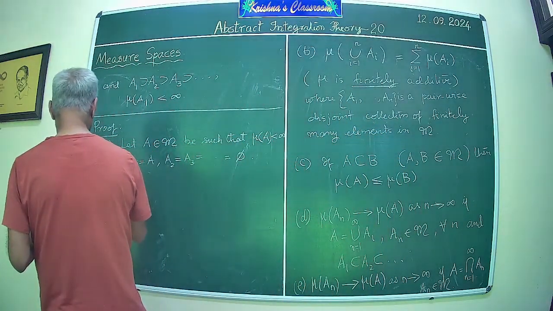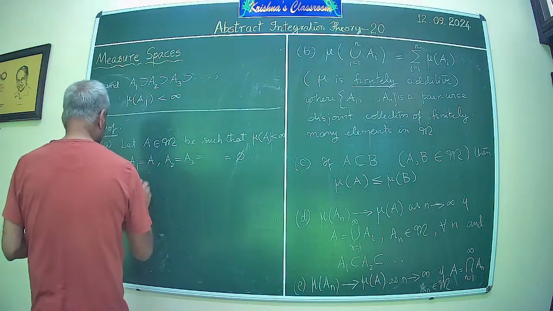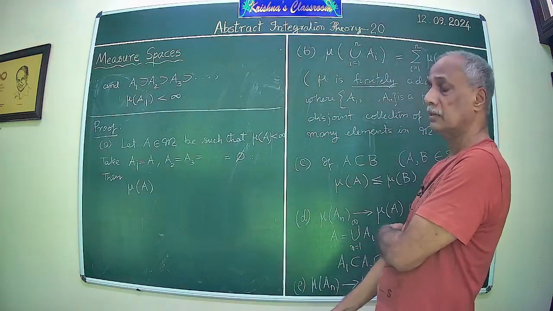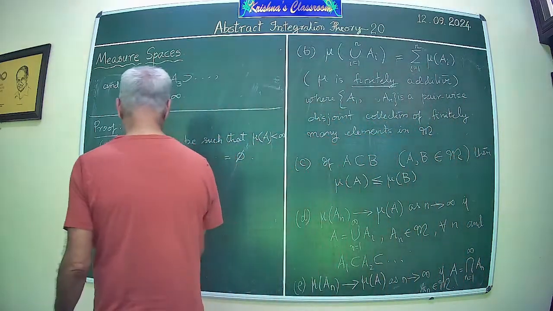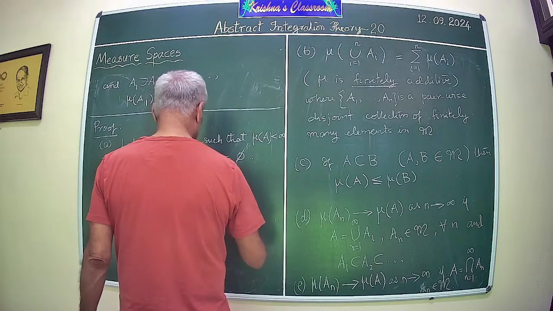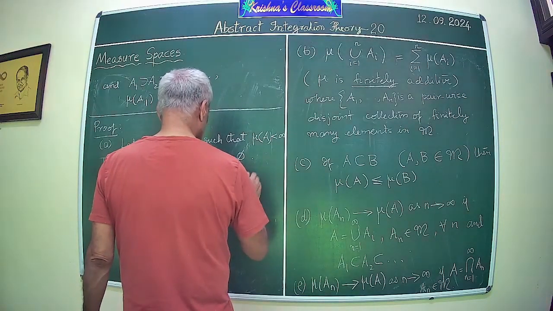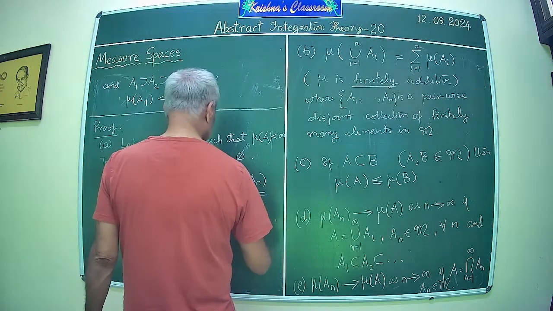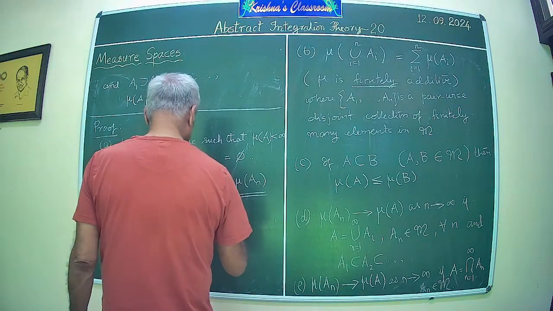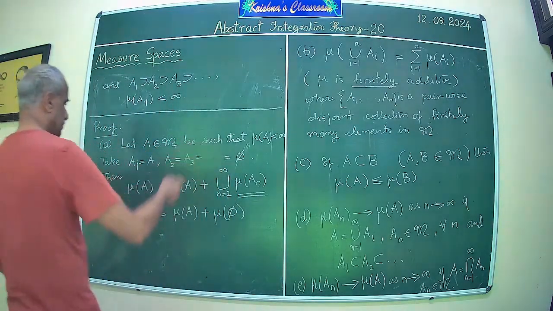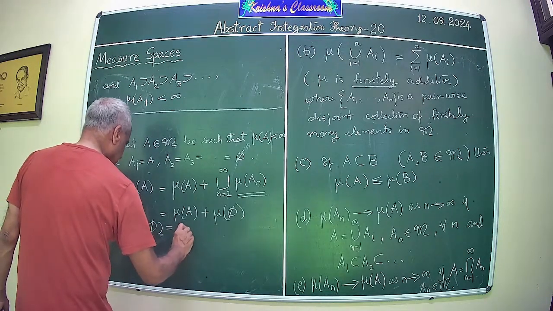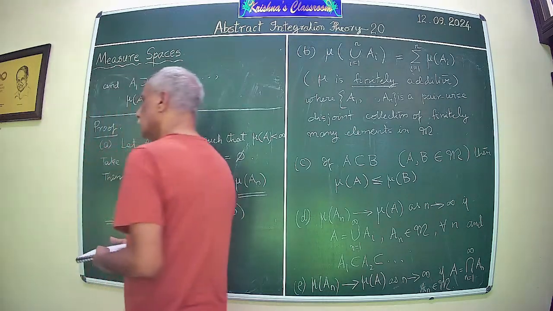Then we have mu of A, because you see that this is a disjoint collection, and therefore mu of A is equal to mu of A plus mu of phi plus mu of phi and so on, and they are all mu of phi. And since mu of A is finite, this implies mu of phi is zero. So that completes the proof of part one.